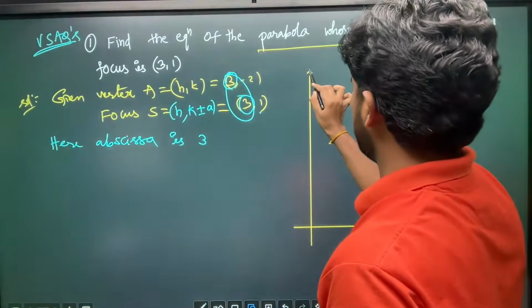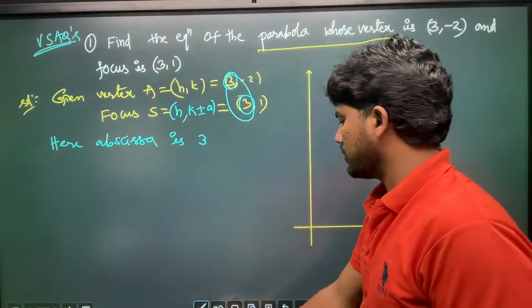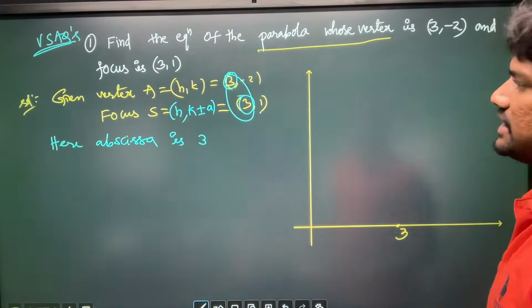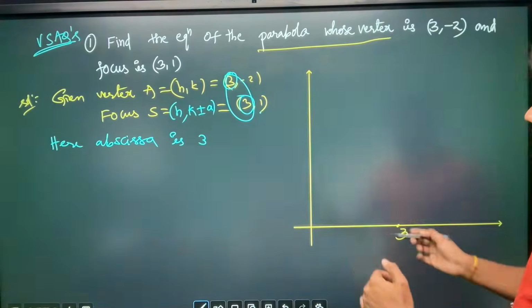x equal to 3 means you have to take the point here; x equal to 3. The points are (3, 1) and (3, minus 2).